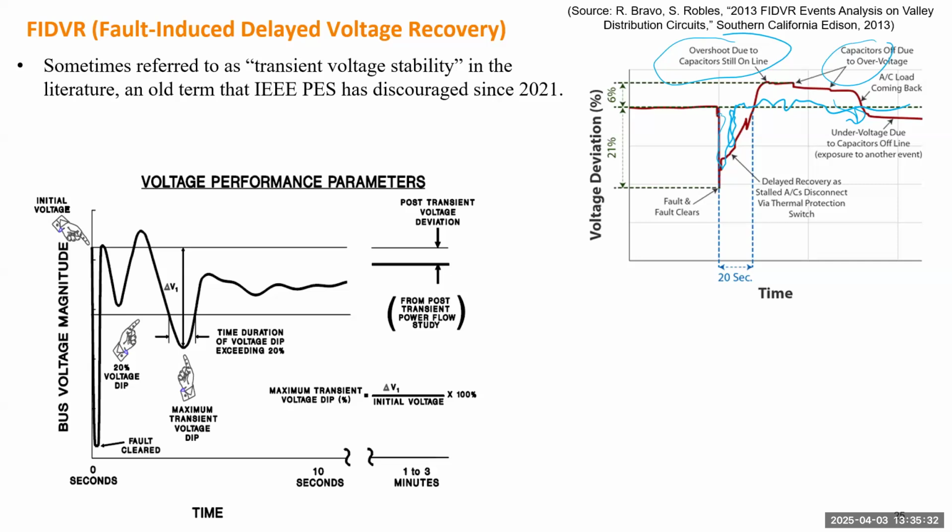The first stage is during the fault, when the fault happens and is cleared, how quickly you can recover the voltage back. Next, we look into the oscillation of the voltage waveform to make sure the waveform stays within an envelope. And the third stage will check the steady state condition. For the steady state condition, it will go into an even narrower range. So there will be stage 1, stage 2, and stage 3.